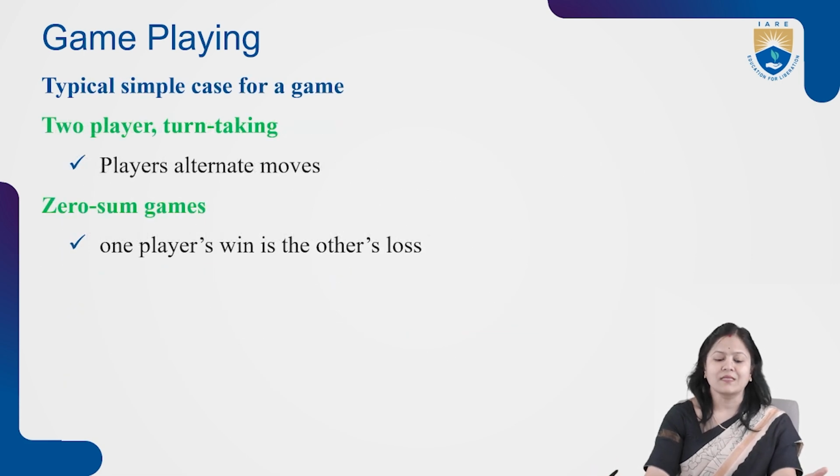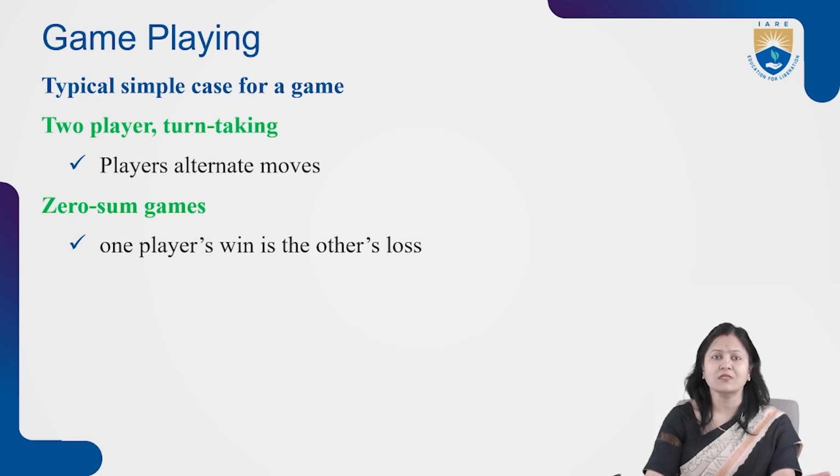A few more typical simple cases for a game: we can consider the two-player game, like turn-taking games, where players move alternately, one after the other. Then it is called a two-player game. And the zero-sum game, which is very famous in game playing, especially in artificial intelligence, is when one player's win is the other's loss.